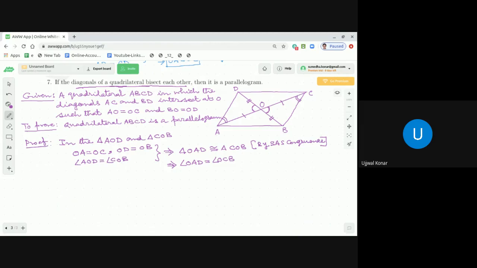Now, dear students, the line AC intersects AD and BC at A and C respectively. Mind my statement very carefully.